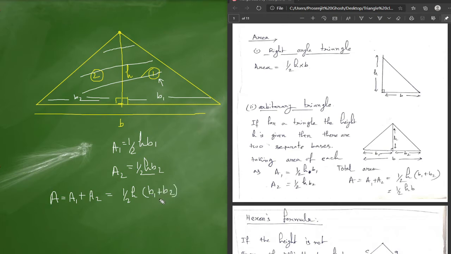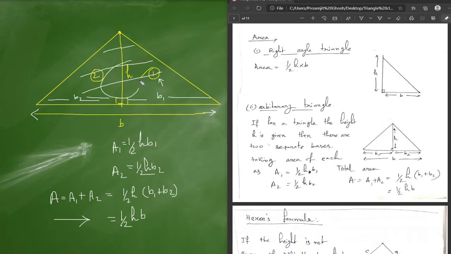Now, this B1 plus B2 is actually nothing but the whole base B. So instead of B1 plus B2, we can write total base B. Similarly, the total base multiplied by half of the height is your total area. So that is one way to find the area.